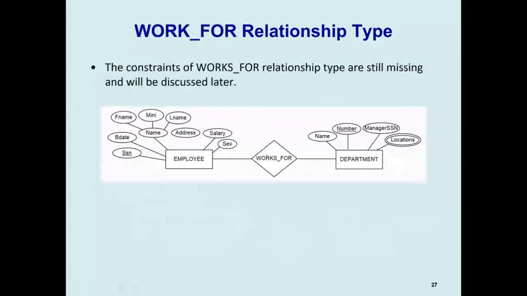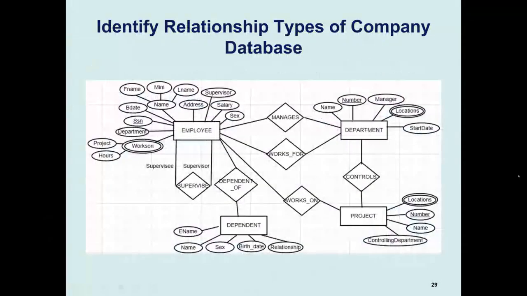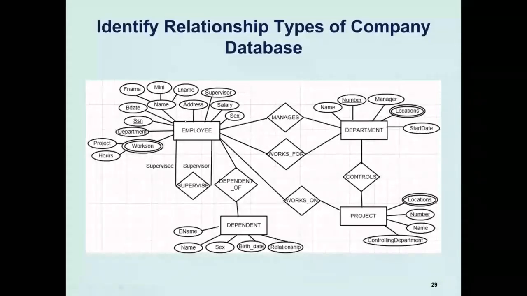So this just shows the first draft of the ER design. In our first attempt, we need to identify the entity types. We also need to identify the relationship types among those entity types. This is what we did in this design. We identified four entity types: employee, dependent, project, department.